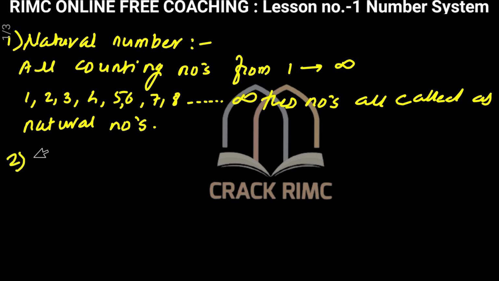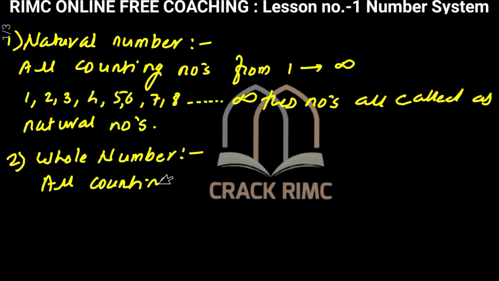Second type of number is whole number. Okay, second type of number is whole number. So what is whole number? Whole number means, we will write here, all counting numbers from 0 to infinity.